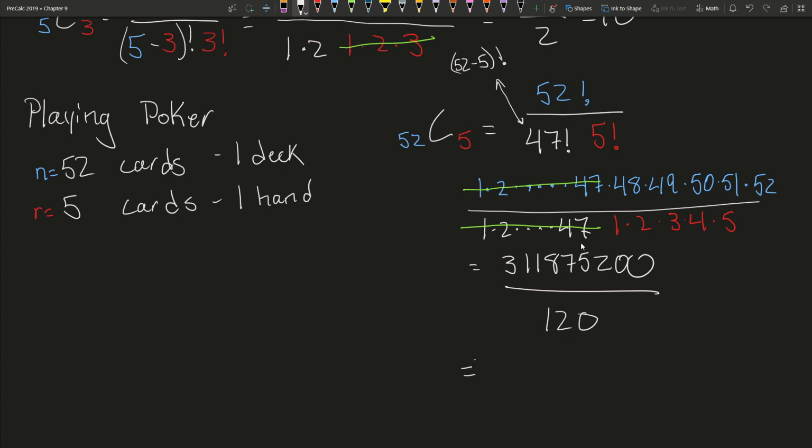And if we divide those two, we get that there are 2,598,960 different hands in poker. Okay. And again, this is most important in probability, but it's a good counting principle that you can just know.